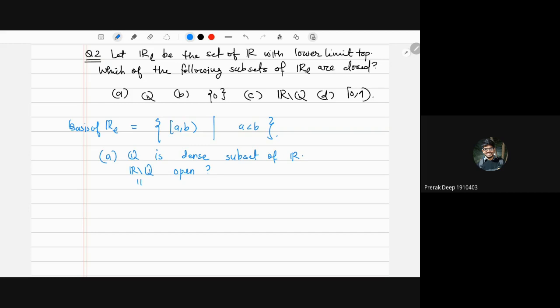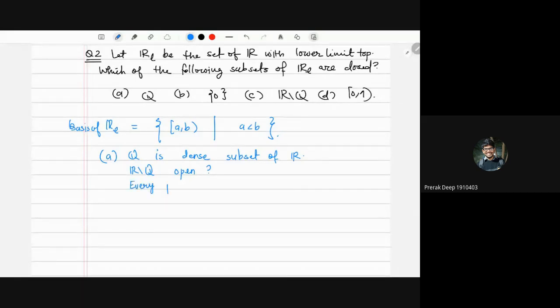The complement is nothing but the set of irrational numbers. And in order to say that something is open, you need to say that every point in that subset is an interior point. So every p in this complement is an interior point.